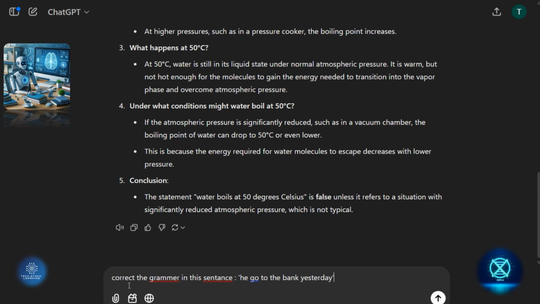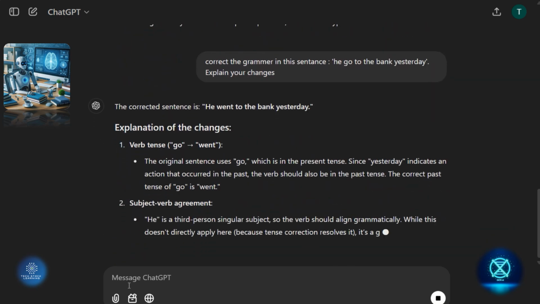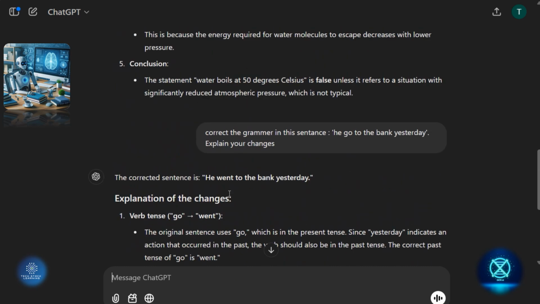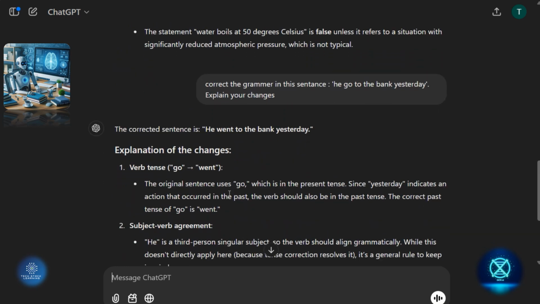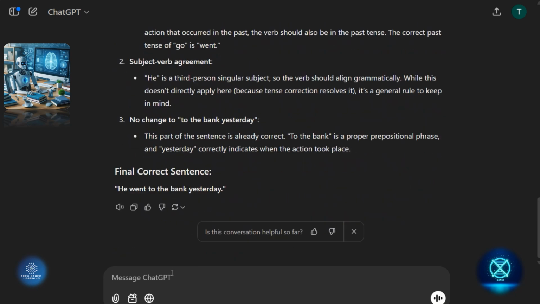And I will ask, explain your changes. The corrected sentence is, he went to the bank yesterday. But what is the explanation of the changes, why it got changed? It gives you a detailed explanation of why this is not correct or has to be corrected, step by step.